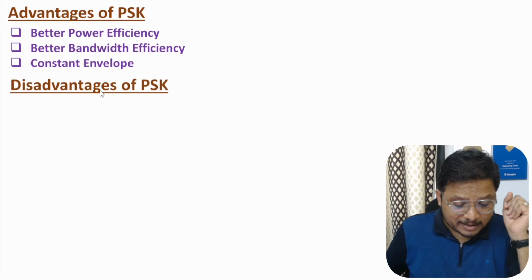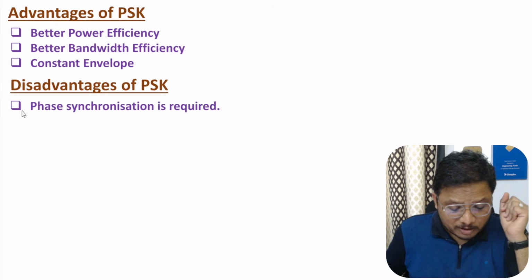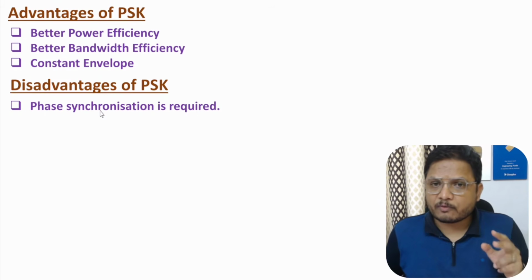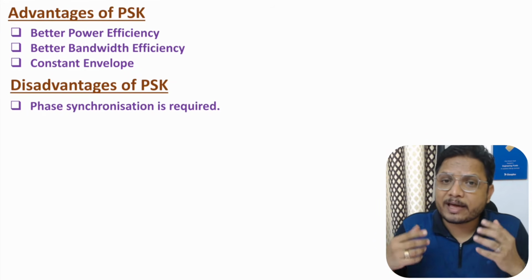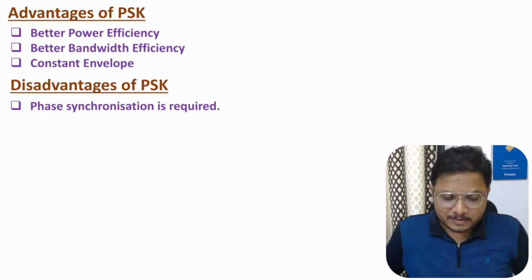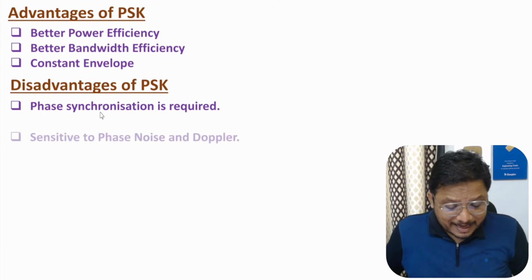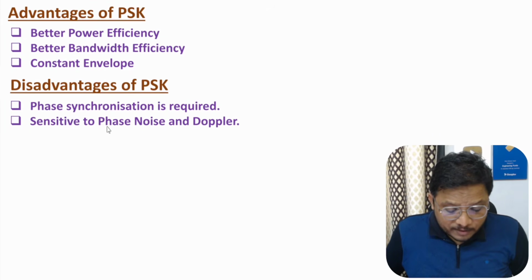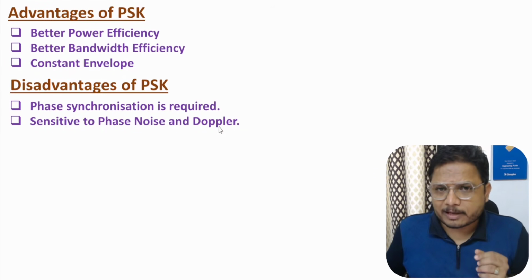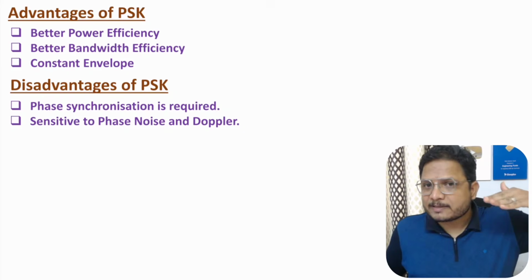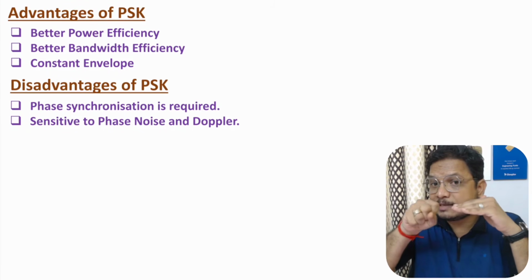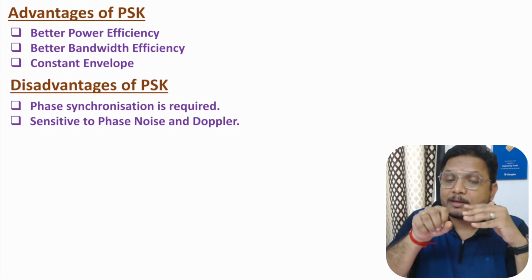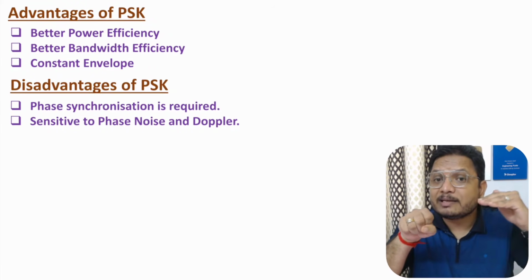When it comes to disadvantages, the first disadvantage is phase synchronization. Phase synchronization is quite complicated, and the cost of the circuit is high. The second disadvantage is phase noise. It is very sensitive to phase noise and Doppler. One should know what Doppler is. If a signal is traveling in space and the receiver is in motion, then there will be a Doppler effect on the received signal.